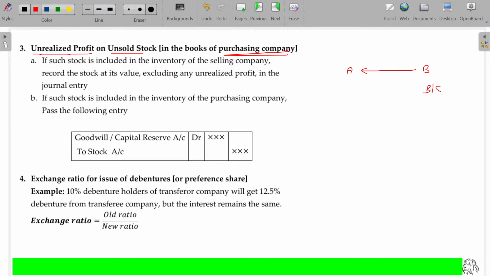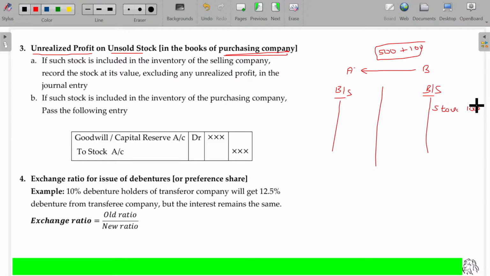So in his balance sheet as well as in his balance sheet, stock is 1000 rupees. Stock 1000 rupees. Now B sells 500 rupees worth of stock to A by adding his markup profit of 100.